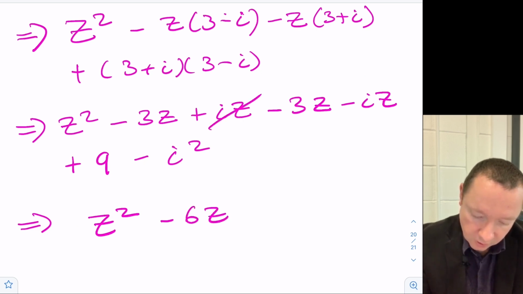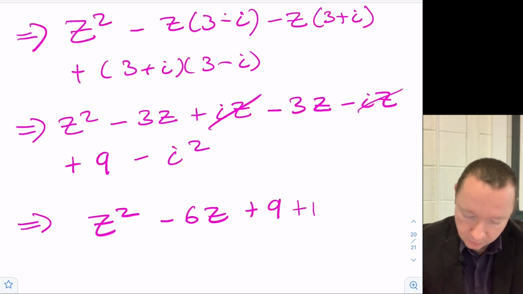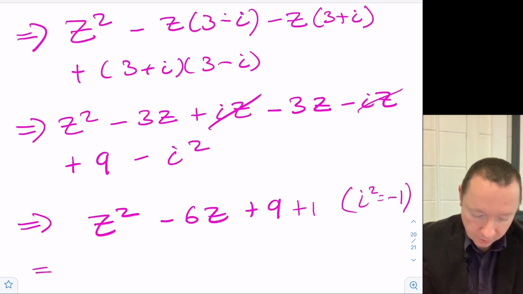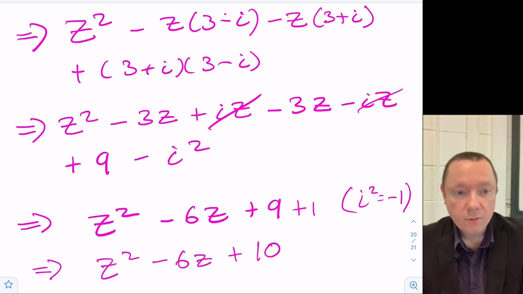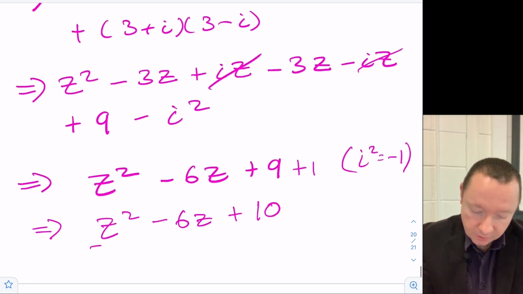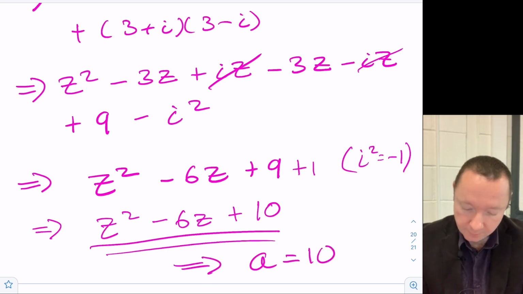These cancel each other. Plus 9, and then i squared is minus 1, so plus 1. Because remember, i squared equals minus 1. So that implies we've got z squared minus 6z plus 10. And our original, remember, was z squared minus 6z add a. And therefore, a equals just the number 10.